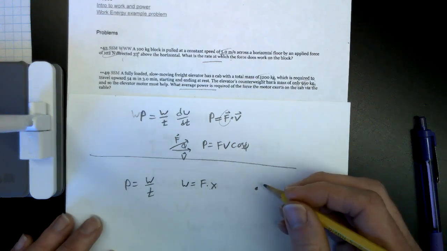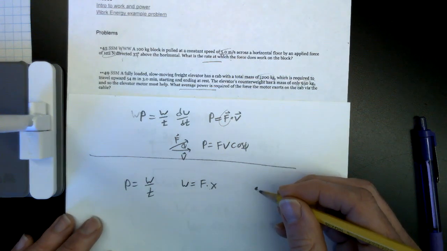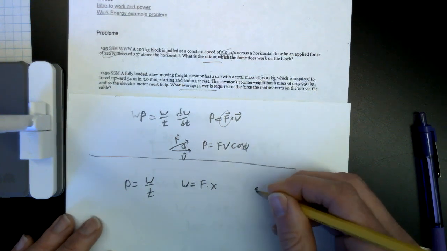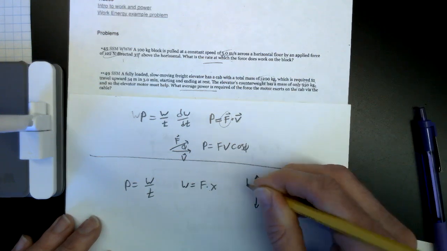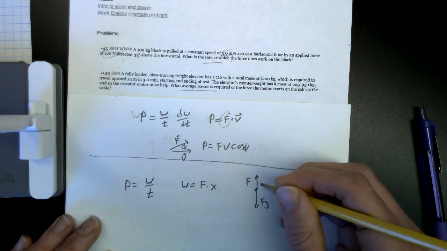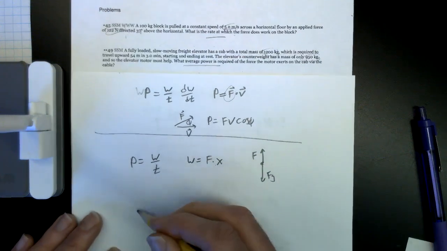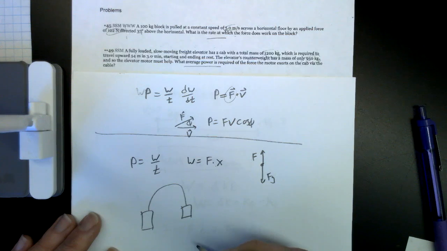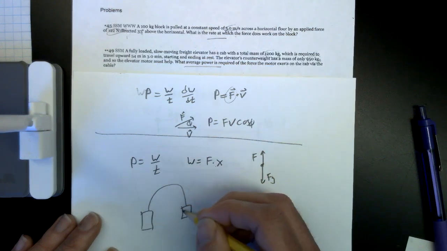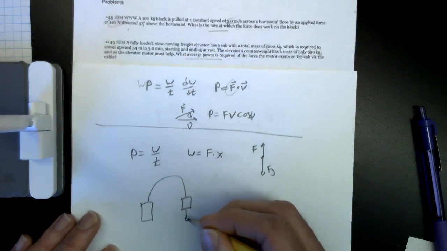So really what we have is, here's the elevator, and we've got gravity going down like this, and we've got the force of the motor going up like this. We've also got, how can I draw this over here? There's the elevator going up and over, and then there's the counterweight over here. So there's some tension in this cable because things are going at a constant speed.